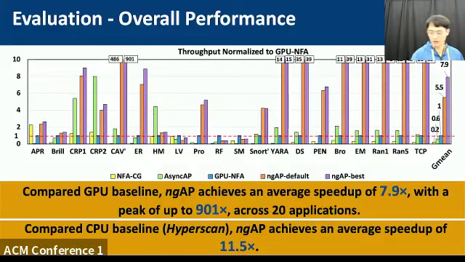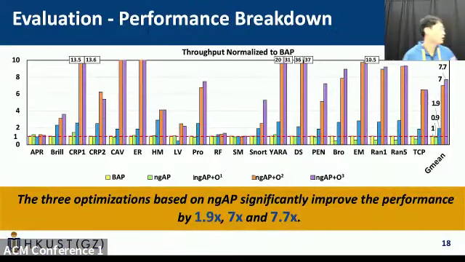So there is a breakdown of our performance speedup, and you may notice that although the basic structure of NGAP has some performance slowdown of about 10%, this is because we have to maintain more data structures, for example, the pairs of the state and symbols, and this will cost more time to process these data structures.